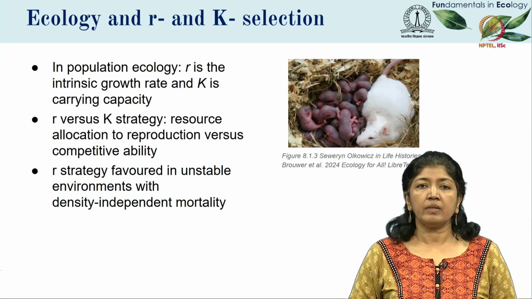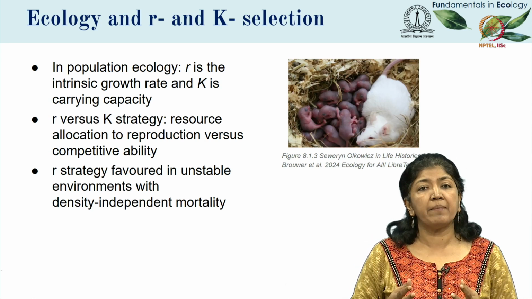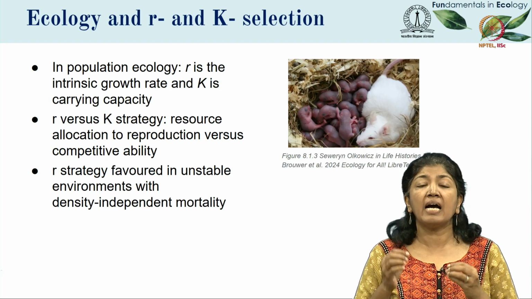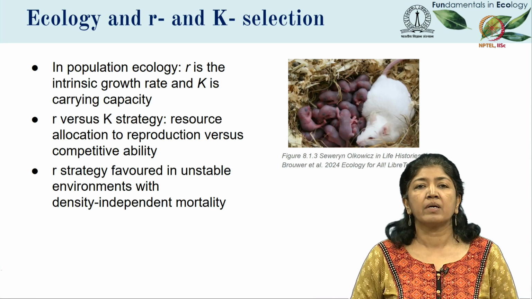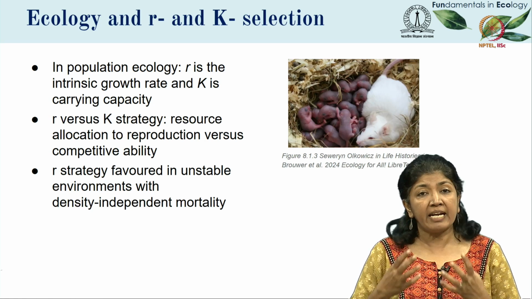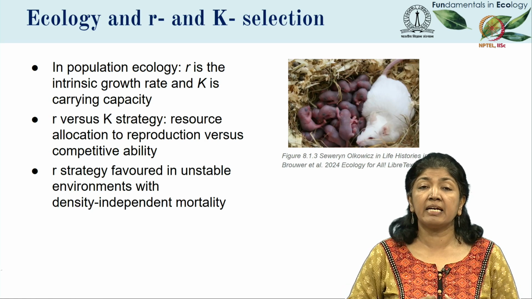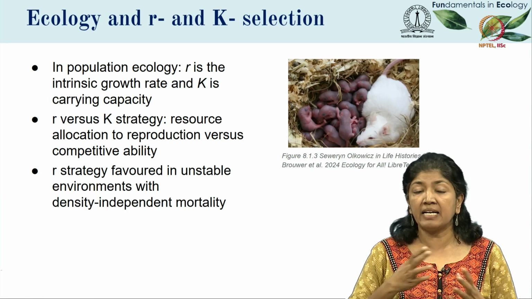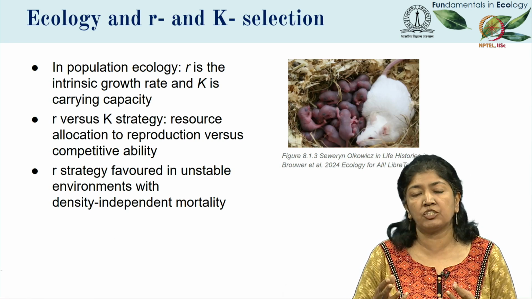So, both theory and empirical work have shown that r strategy works well in unstable environments where you can have unpredictable resources or catastrophes that can result in density-independent mortality, that is mortality that does not have to do with competition.